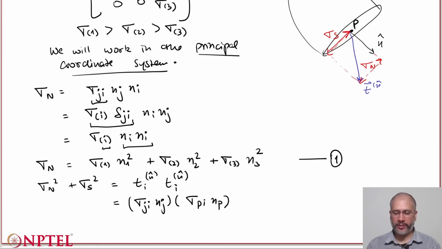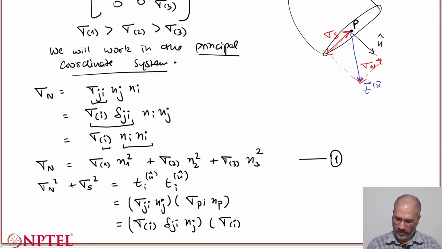I'm using a different index J and P because they're repeated indices and they cannot appear more than twice in this mathematical term. Now we substitute the diagonal form of sigma. So this becomes sigma I times delta Ji times Nj times sigma I times delta Pi times Np.